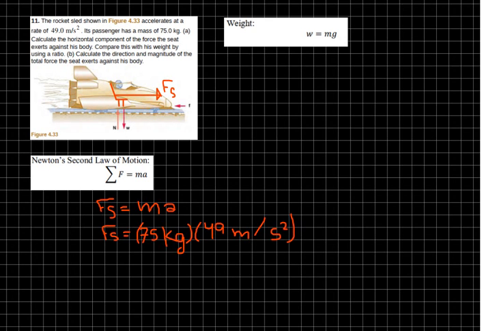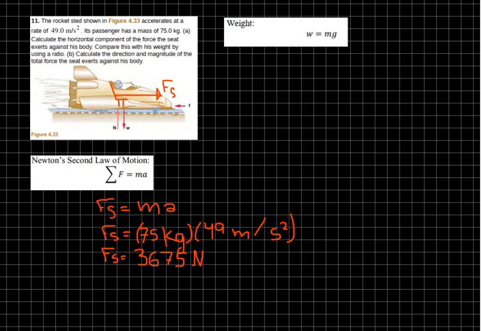And once we multiply that, the answer will be 3,675 newtons. Don't forget that kilograms times meters per second squared is equal to newtons. That's the force that the seat is exerting against the body of the passenger.